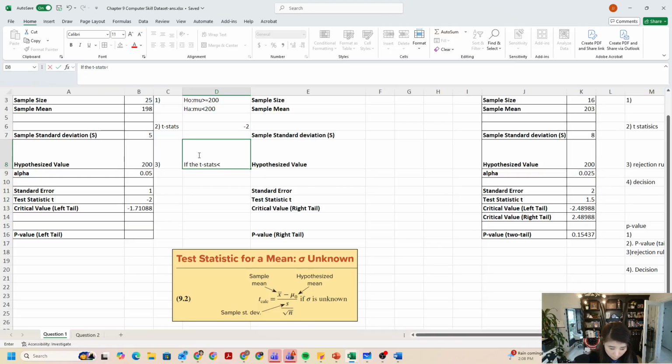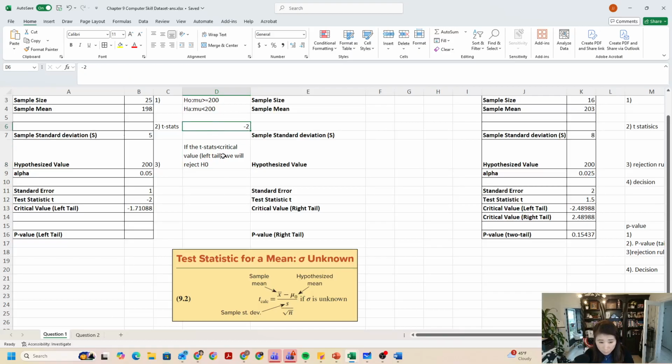So basically, in step number 3, our rejection rule is if the t-stat is smaller than the critical value for the left tail, we will reject H0. Basically this is my rejection rule. If the t-stat we calculate here is smaller than the critical value we calculated here, then we will reject.